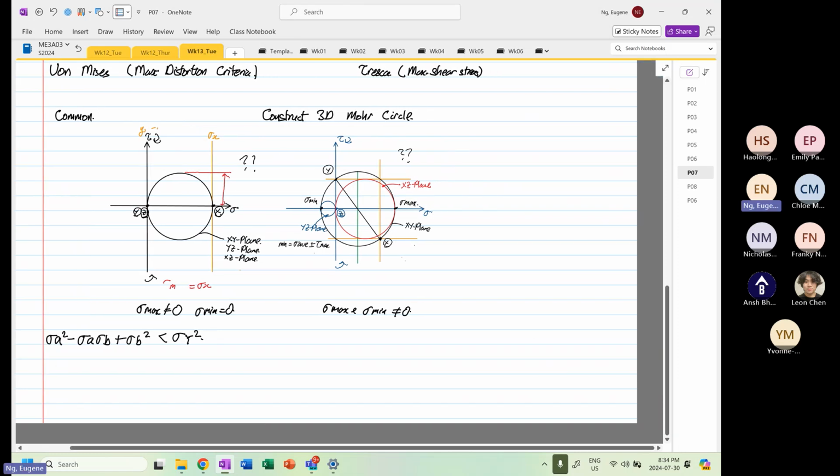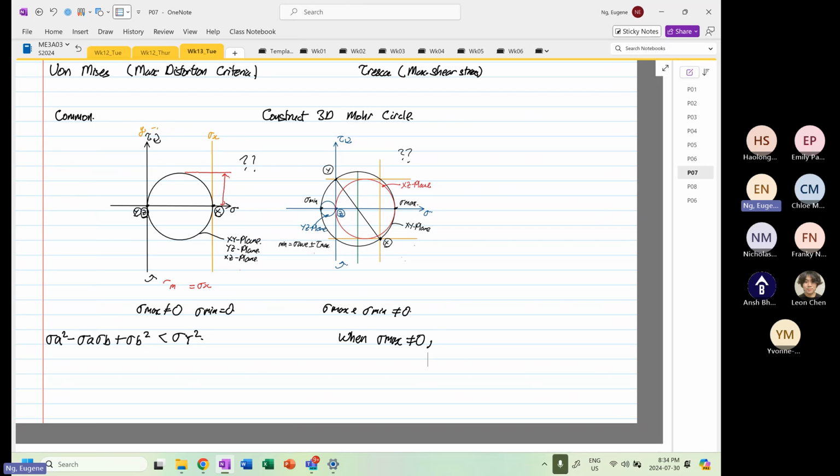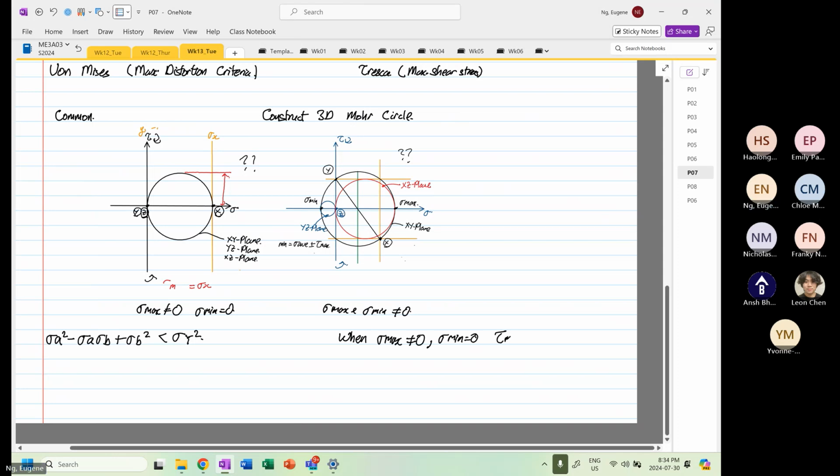Whereas on Tresca, when stress max is not equal to 0 and stress mean is equal to 0, then we know that tau max is equal to stress U divided by 2, and this has to be equal to our stress X divided by 2, right? So this is one condition.